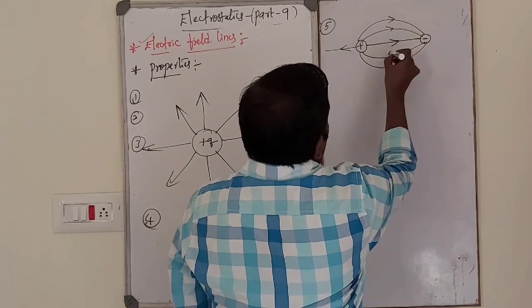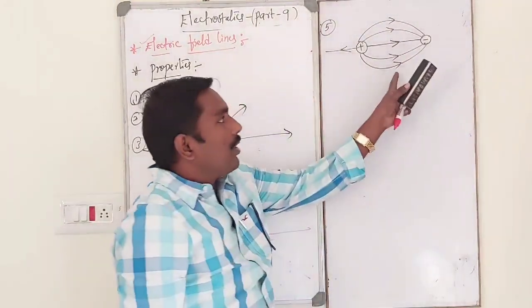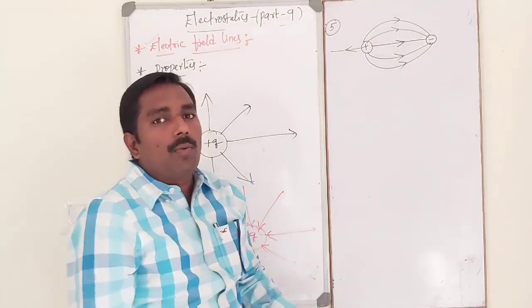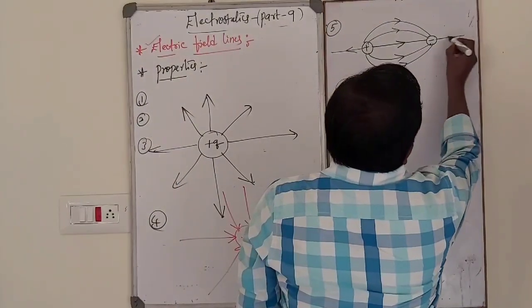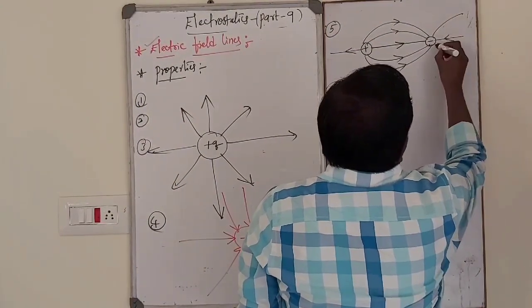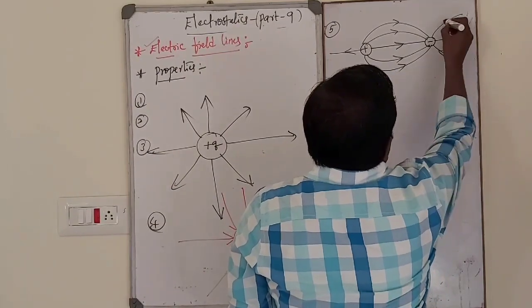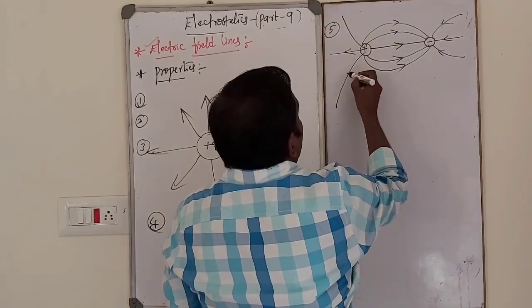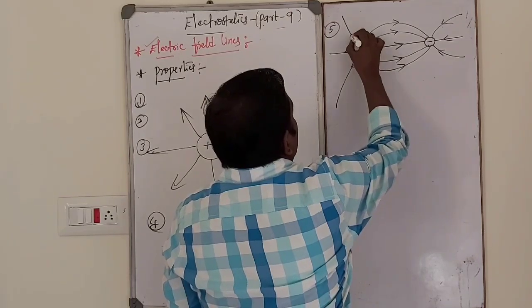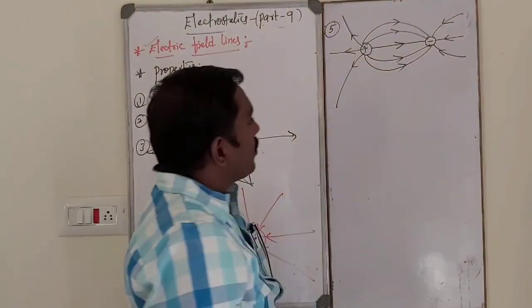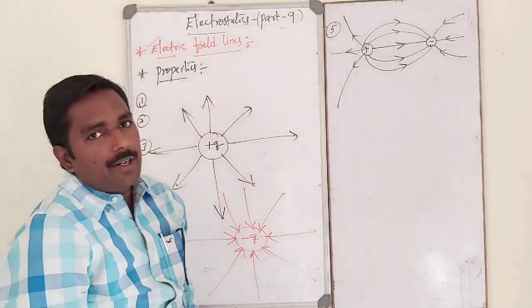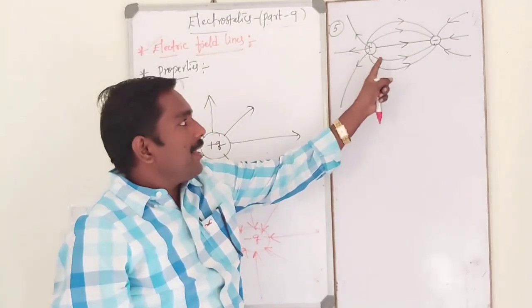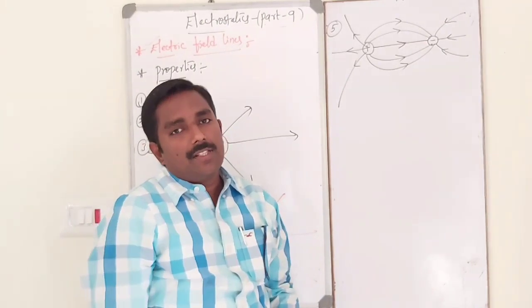Dear students, the arrow mark is very important. Without the arrow mark, there are no marks in the examination. This is the very most important diagram: electric field lines in case of two unlike charges, positive and negative.